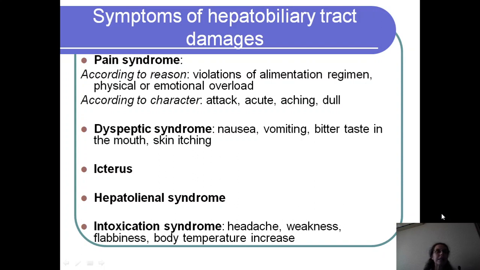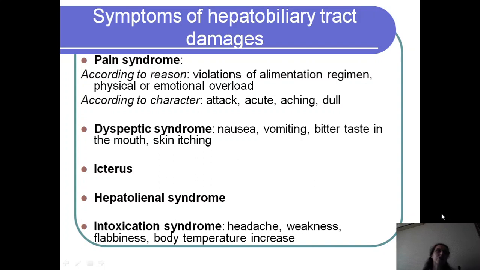The child is complaining of acute, attack-like, sharp, spastic-like pain. Usually it's short-termed. The epicenter of this pain is the right hypochondrium. Usually it is provoked by intensive physical training, especially jumping, running long distances. Sometimes it's provoked by stress.